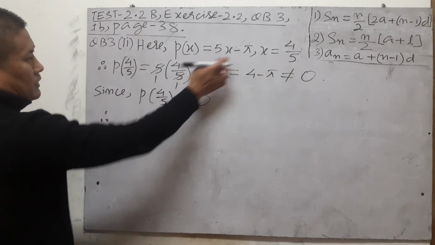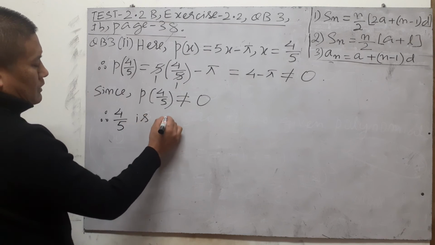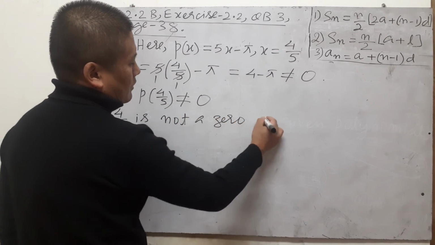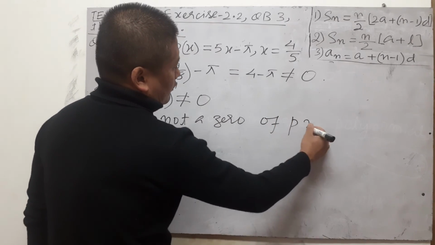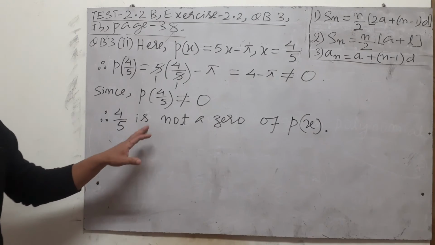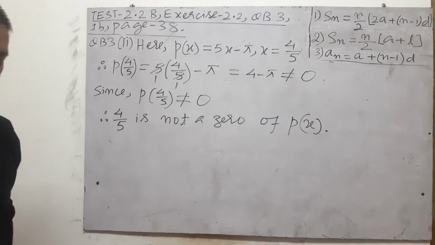Therefore, the given value x equal to 4 by 5 is not a 0 of the given polynomial. We can just shorten it now. We understand P of x. So 4 by 5 does not fit in P of x, because it's not equatable to 0.